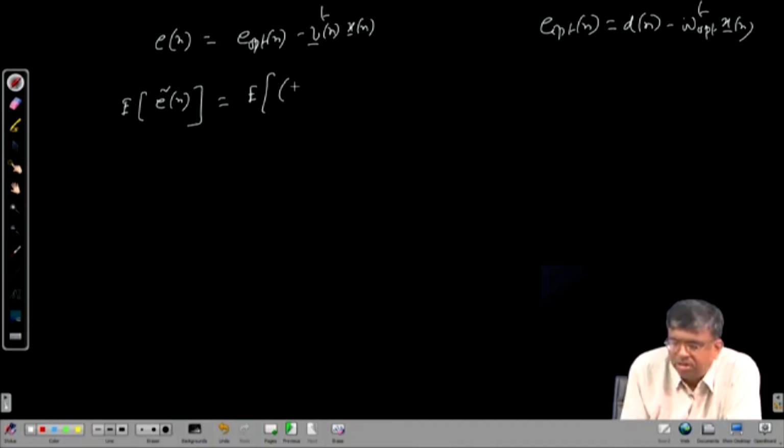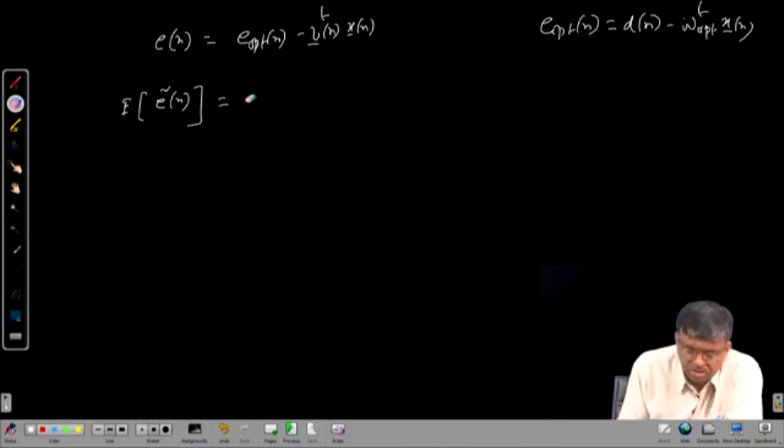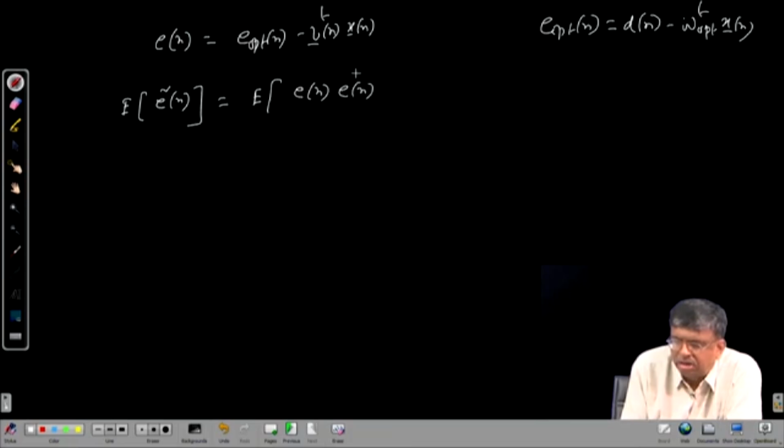The square of it, I can always write like e opt n as it is, or to make it even simpler for you, I go through one more step. e square n, e n is a scalar, right. So, I can always say this is e n transpose, because e n is a scalar, a 1 by 1 matrix. So, its transpose is itself.